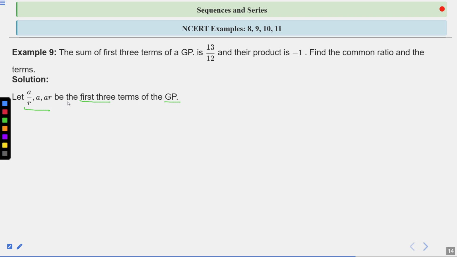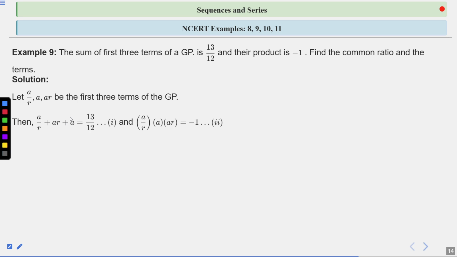Clear? Always remember that if a question involves 3 terms of a GP, then always assume the 3 terms in this form: A by R, A, AR. This will make things easier.